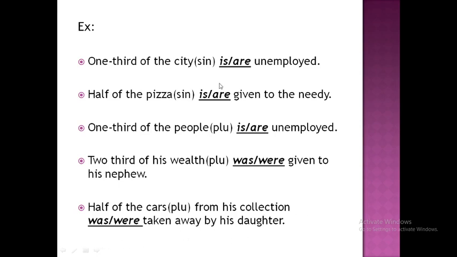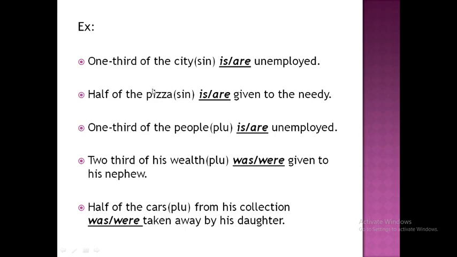So the thing is, we have to see the subject very clearly here. The subject is not just one word, it is a combination of words, meaning the subject is given in the form of a phrase. So what is that? 1/3 of the city. City is the main noun, which is in singular form, and 1/3 is giving some specific percentage or portion, a part of the city.